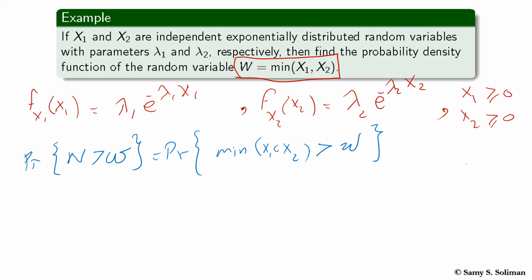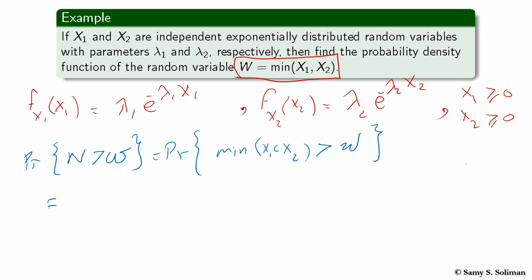For the minimum of two values to be larger than a certain threshold, both random variables must be larger than this threshold.